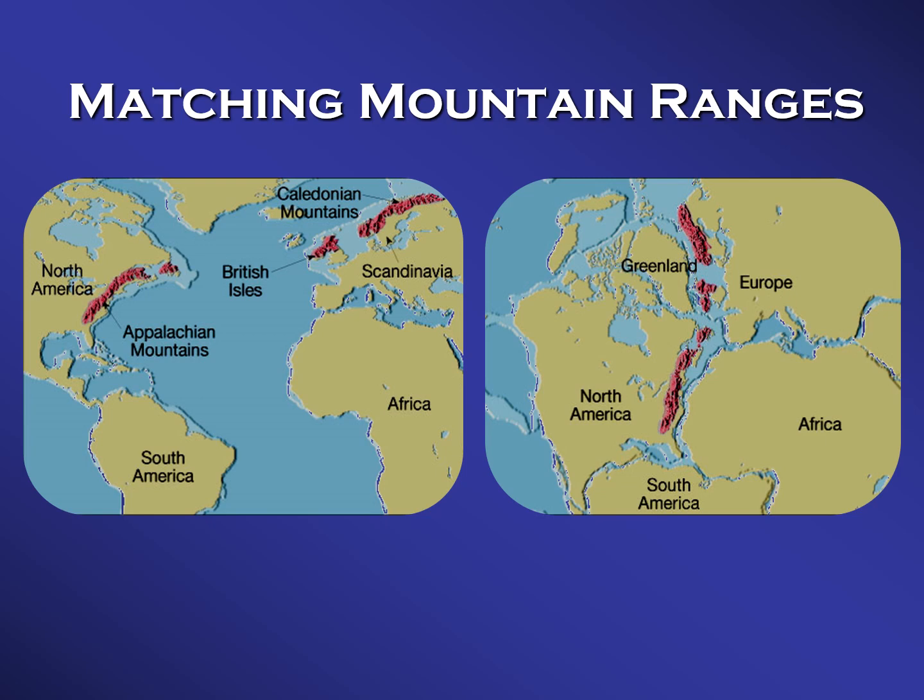A piece of evidence that really helped Wegner's hypothesis was how identical rock formations could be found separated by a giant ocean, like some of the Appalachian Mountains on the East Coast and some of the Caledonian Mountains in Europe.